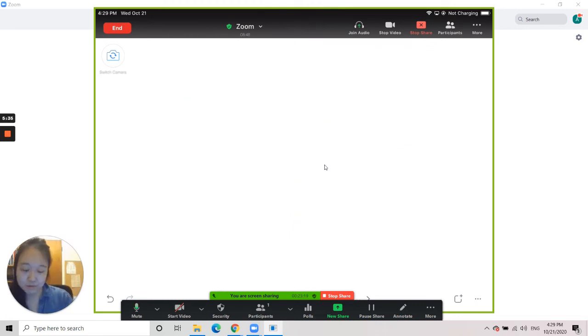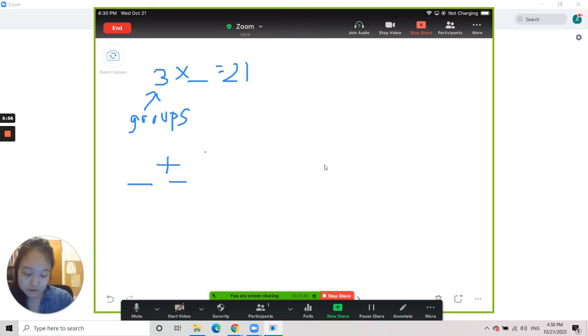Let's try this with repeated addition. Again, this tells me that I am adding the same number 3 times because I have 3 groups, and that will add up to 21.